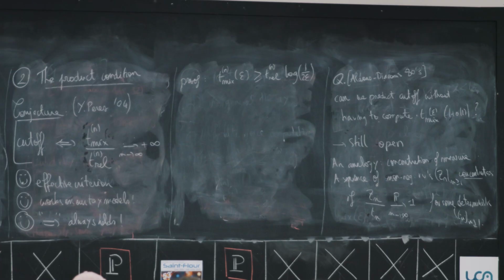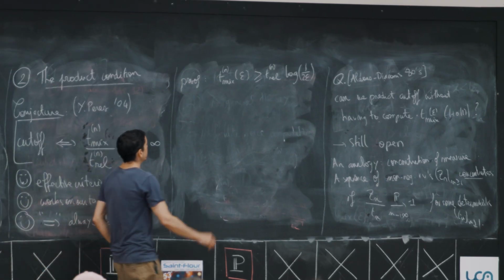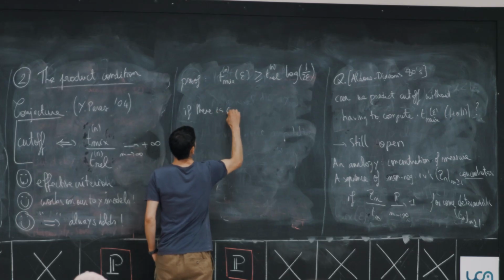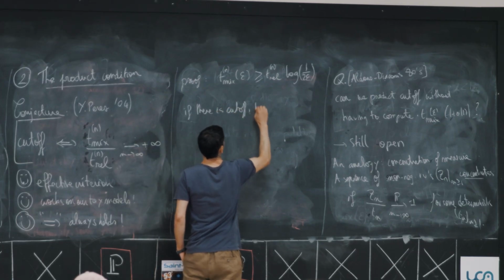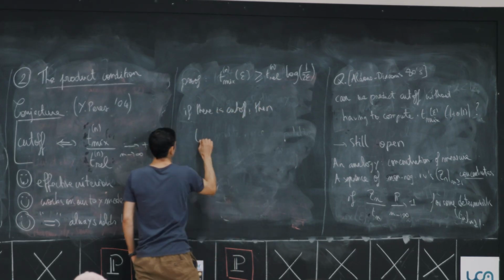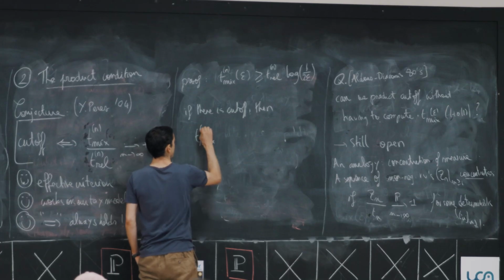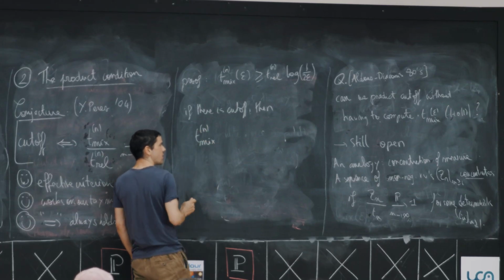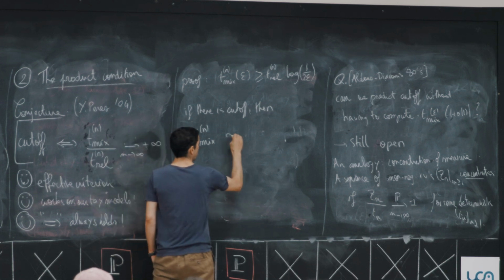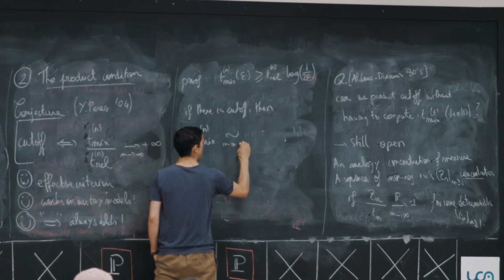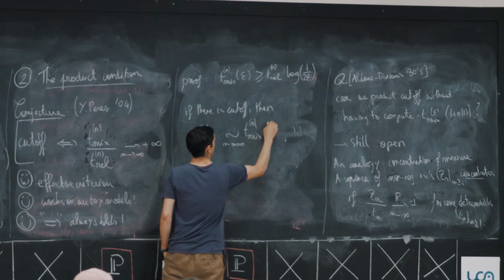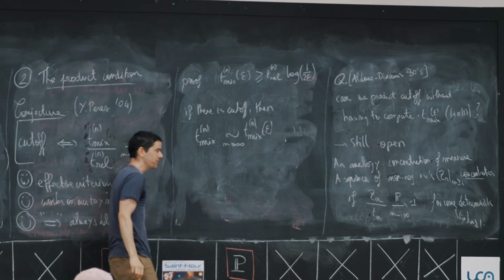Okay, now if there is cutoff, then your T-mix without any precision epsilon, so meaning epsilon is equal to 1 over 2e, will be equivalent as n tends to infinity to T-mix of epsilon for any epsilon, right?